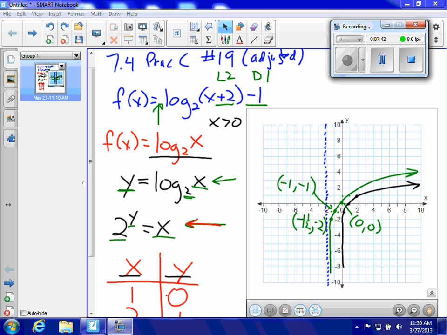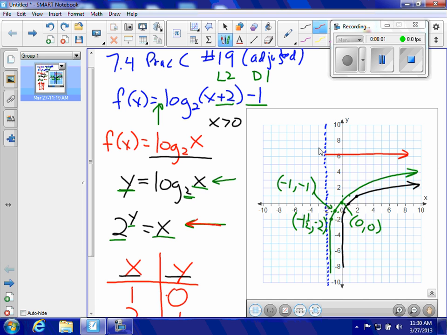So the next part of the question says, what is the domain and the range? Well, I can do that in two ways. One is I can look at my graph and see my domain, which are my x values. They start at negative 2, they don't include negative 2, and they go on that way forever.